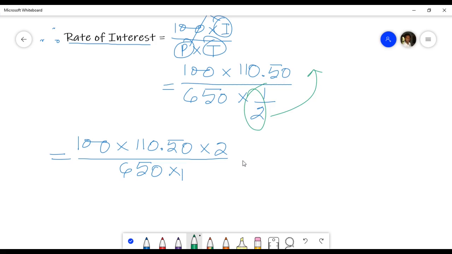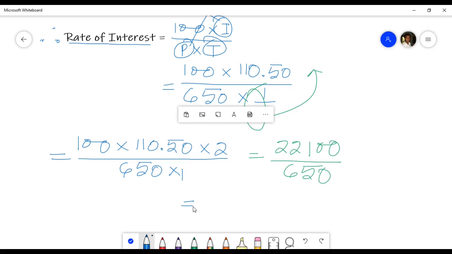The 2 is moved up as a numerator. So when we multiply 100 into 110.50 into 2, we will get the product as 22,100 divided by 650. Now when you cancel this, 22,100 by 650, I hope you can do this, you will get the rate of interest as 34%. So the rate of interest that we have found here is 34%.